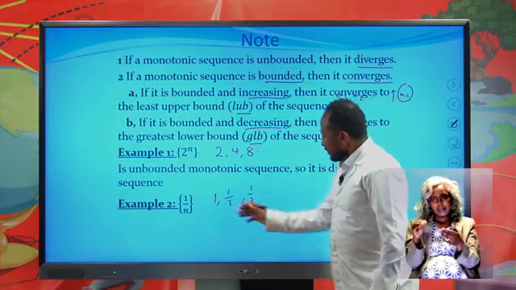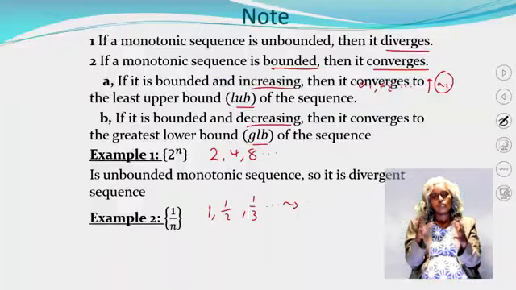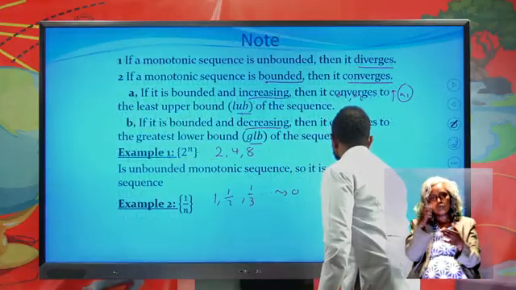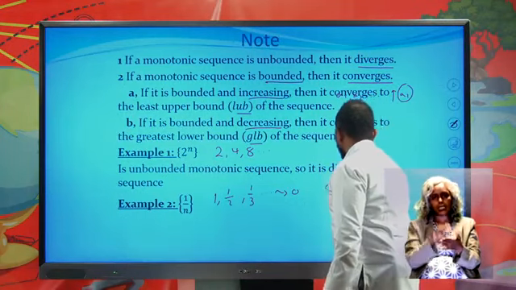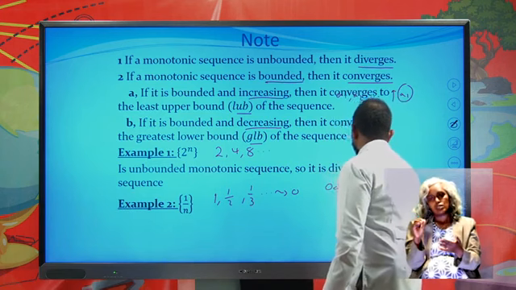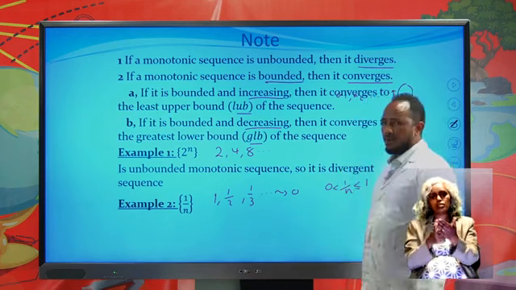And this at infinity converges. The terms of this sequence are 1 over n. It's found between 0 and 1 including, and it's decreasing. So it's a bounded sequence.